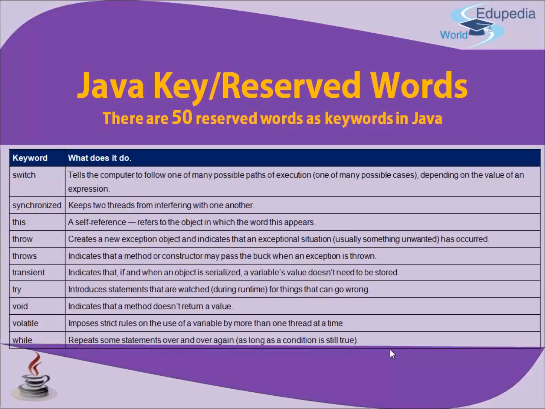Now void. Basically void indicates that a method does not return a value. That means if the method signature is of integer type, you must keep the signature to receive the returning values. Let's suppose int calc.